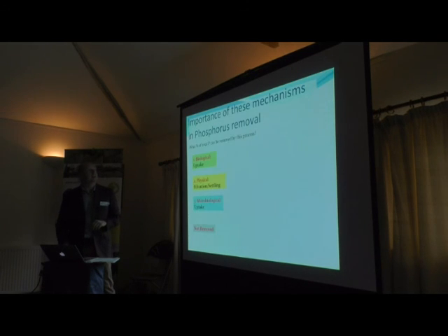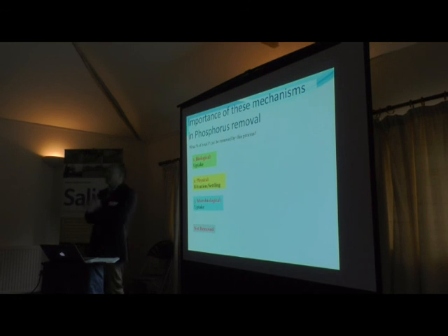Okay, so let's think about the importance of these three mechanisms in phosphorus removal. Given that in a conventional treatment basin without floating islands, you're talking about 40 to 70% P removal, where you can get up to about 81, 84% with a floating island.